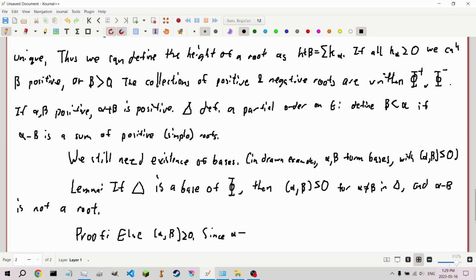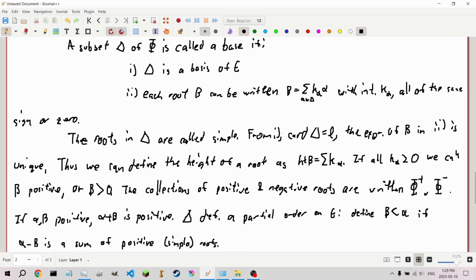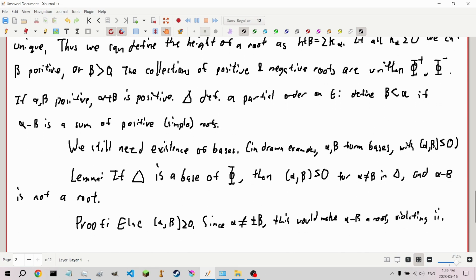Since alpha cannot obviously be positive from negative beta, this would make alpha minus beta a root, violating condition 2. So I guess this is proof by contradiction, assuming that the bracket of alpha and beta is positive.